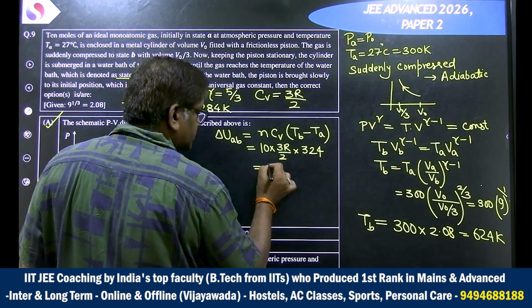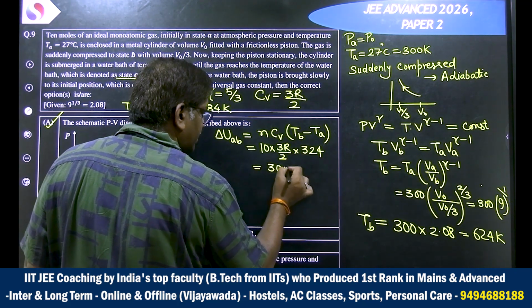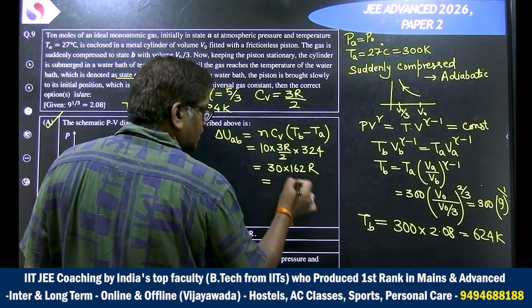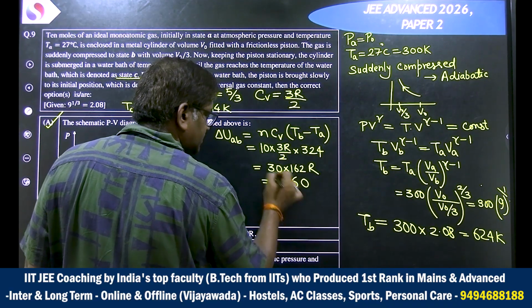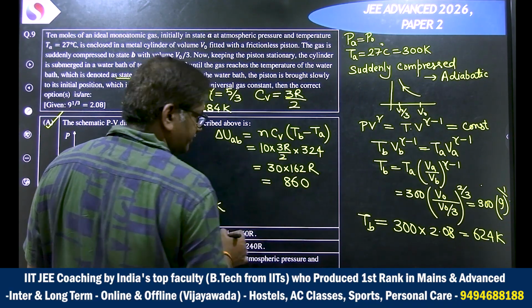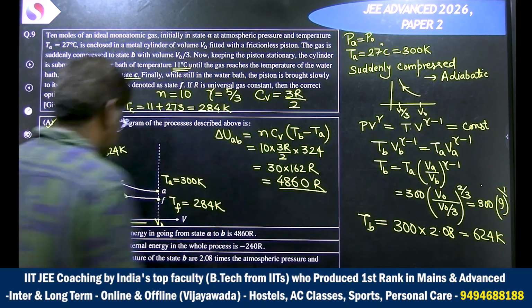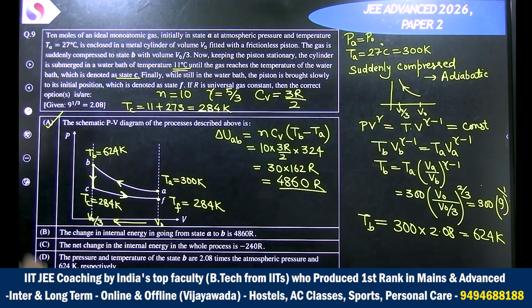So this is 30 multiplied by 162 into R, that is 4860 R. Is it satisfied? Yes, so option B is also correct.